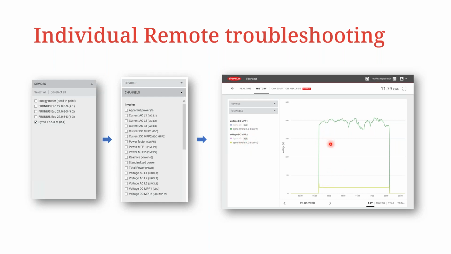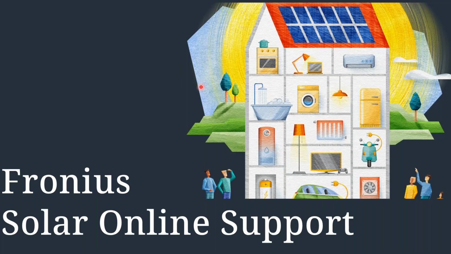And if you are sure that you have the same number of strings or arrays connected to each MPPT, and you see there is a big deviation, then you can have some checks done on the site to ensure that everything is fine as far as the modules feeding the voltage to the inverter are concerned.